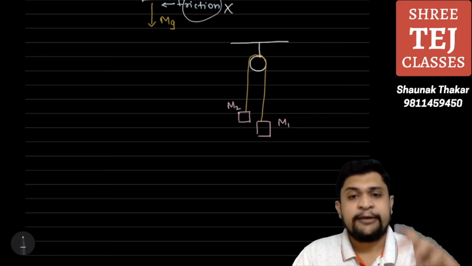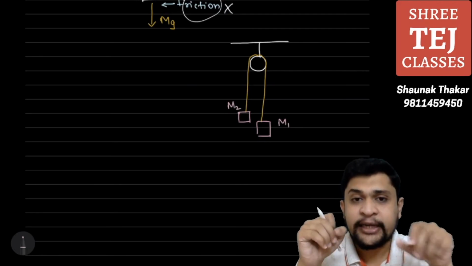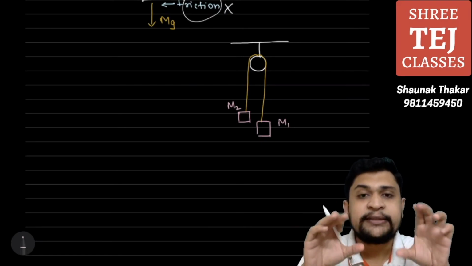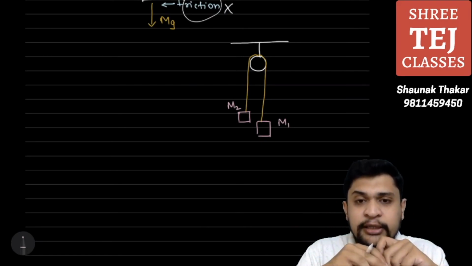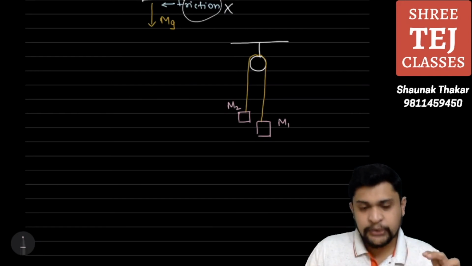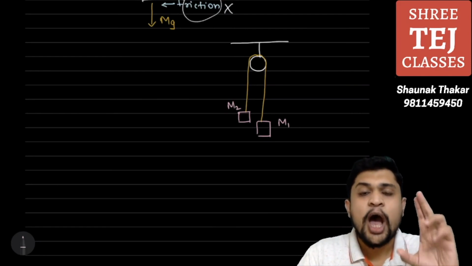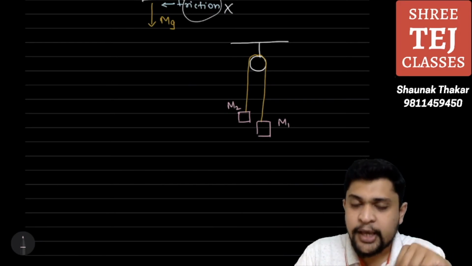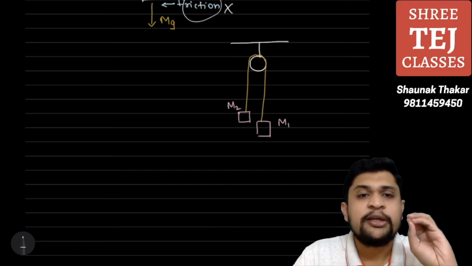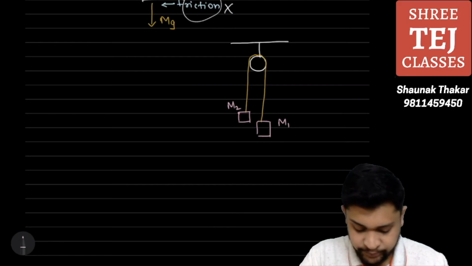Now, if m1 is greater than m2, you can say with intuition that m1 will go down and m2 will go up. But how to prove that exactly? So here we will use free body diagrams.